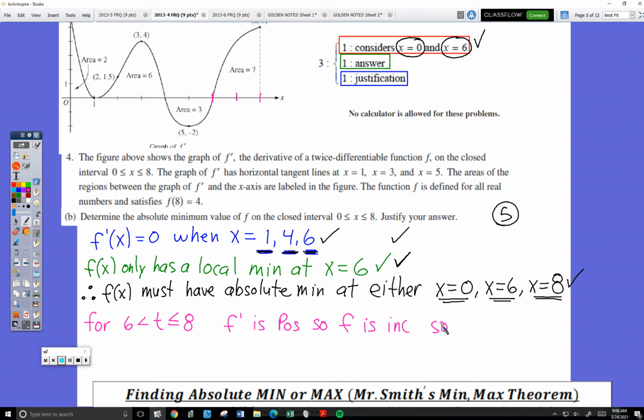So f of 8 cannot be the absolute min of f.